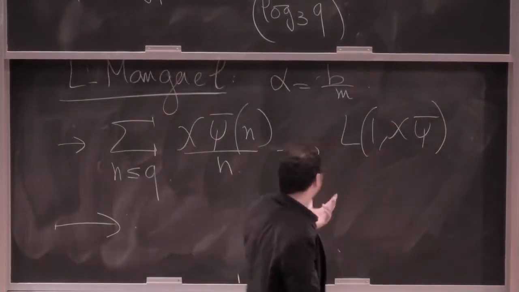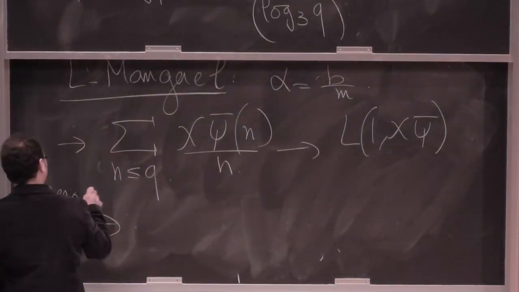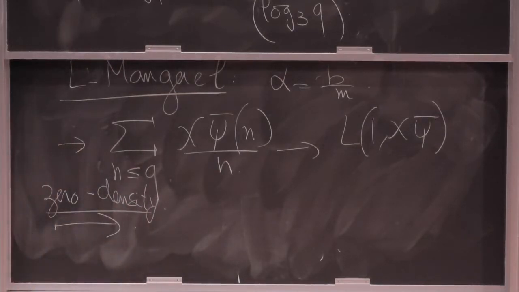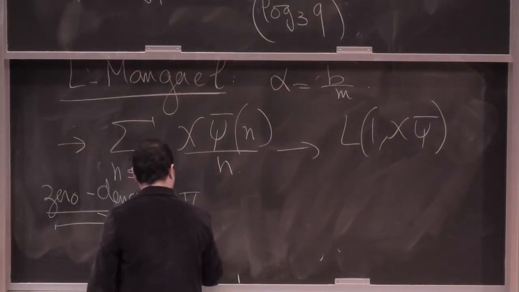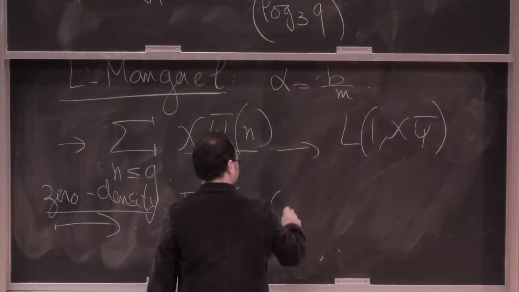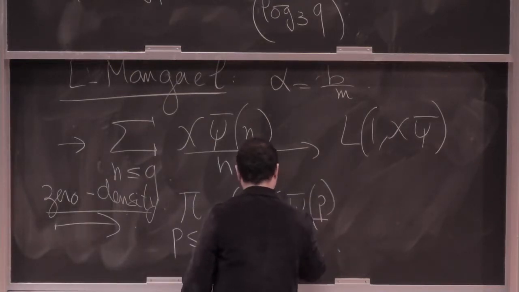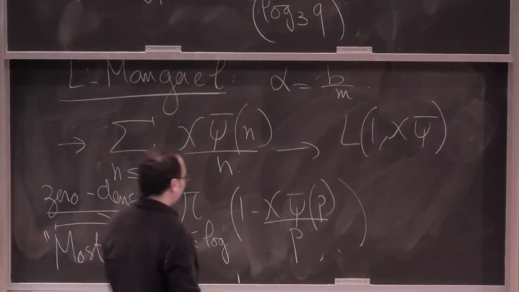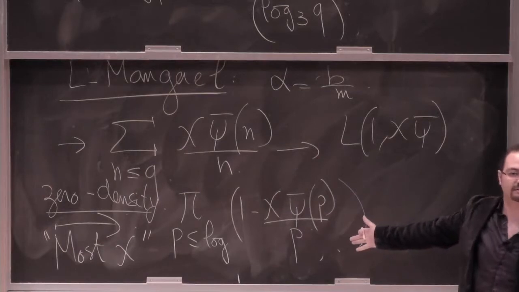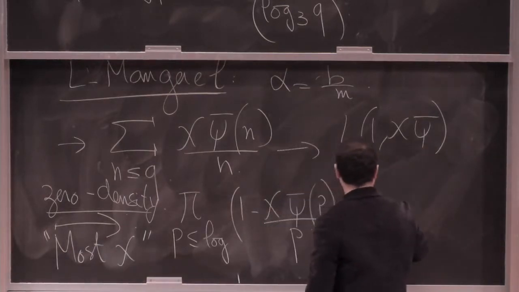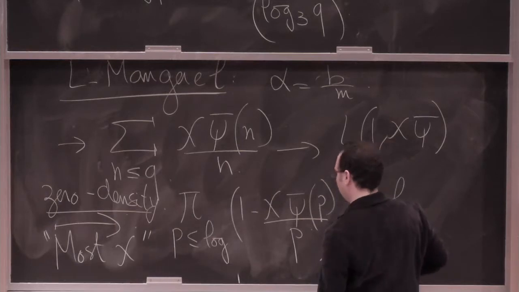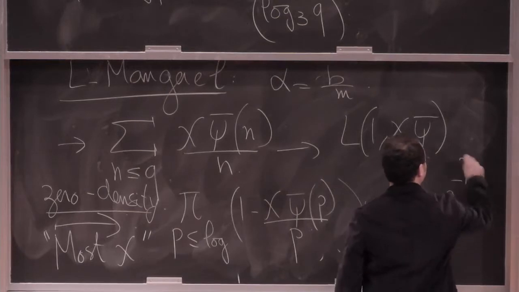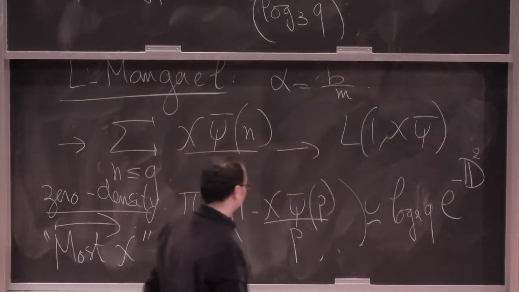And the way we do it is using analytic techniques related to zero density estimates for Dirichlet L-functions to show that you can actually approximate this by a short Euler product for most chi. And now the Euler product is related exactly to the distance. That's really the distance. Taking logs and everything, this is roughly log log q, exponential of minus the distance squared, between chi and psi bar.